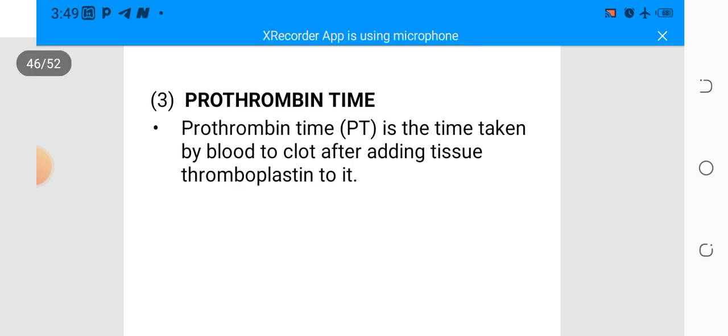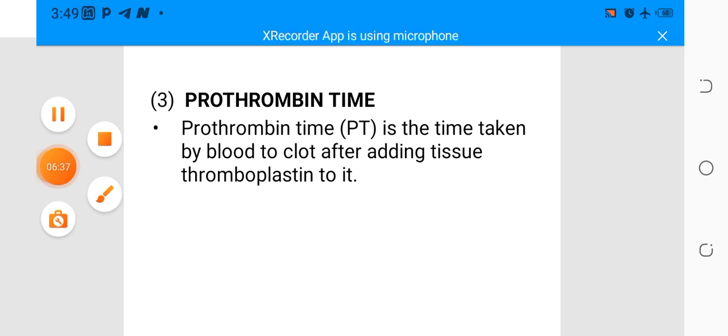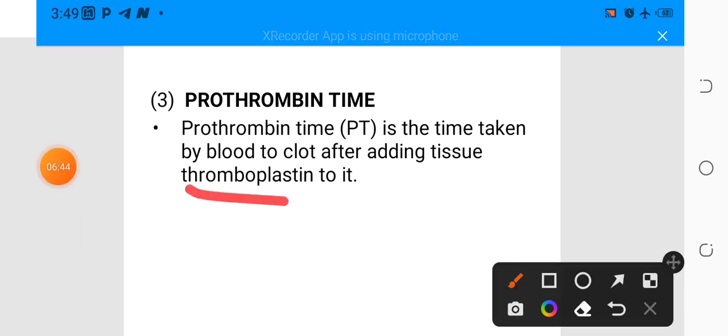And then we have prothrombin time. We know the function of prothrombin. It is produced from prothrombin activators, converting prothrombin to thrombin. So what is prothrombin time? It's the time taken for blood to clot after adding tissue thromboplastin.